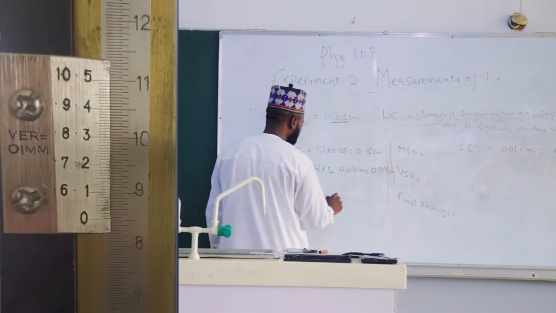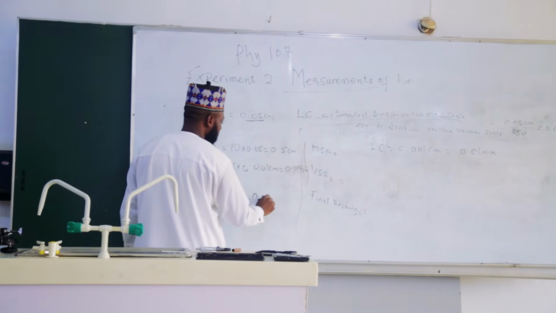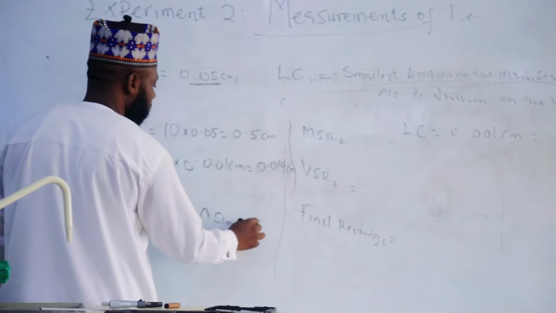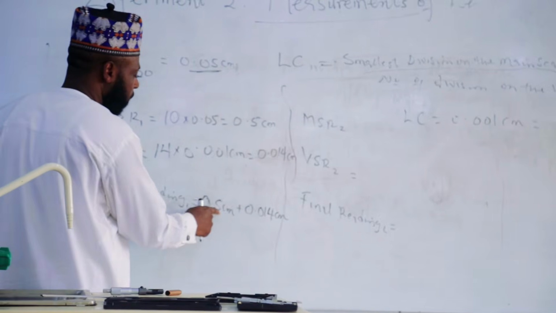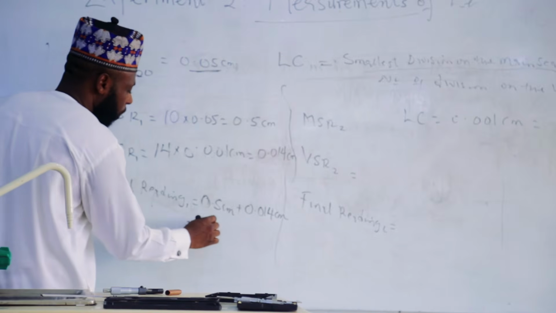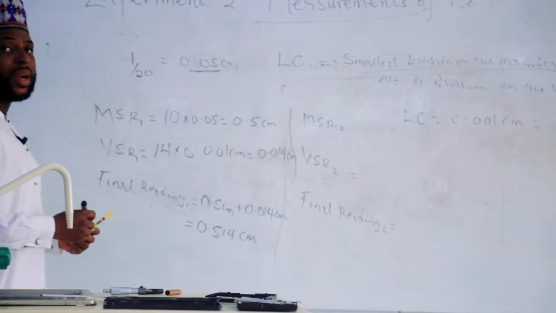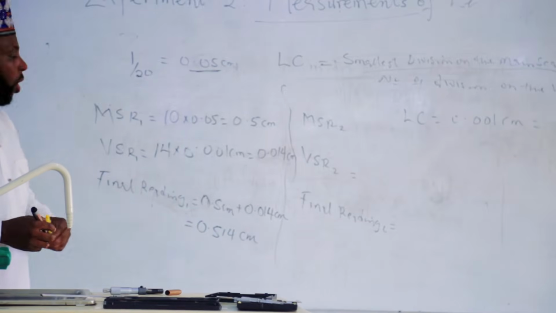Now our final reading for the first line is going to be the sum of the main scale reading, which is 0.5 centimeter, plus our vernier scale reading, which is 0.014 centimeter. 0.5 centimeter plus 0.014 will give us 0.514 centimeter.